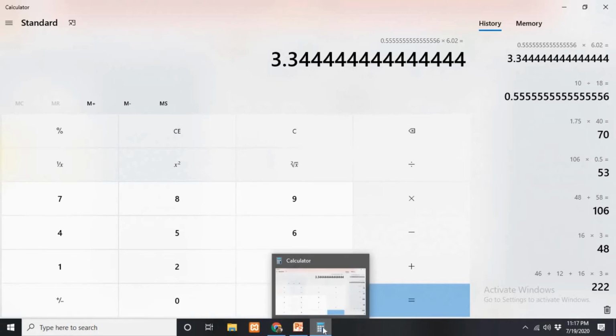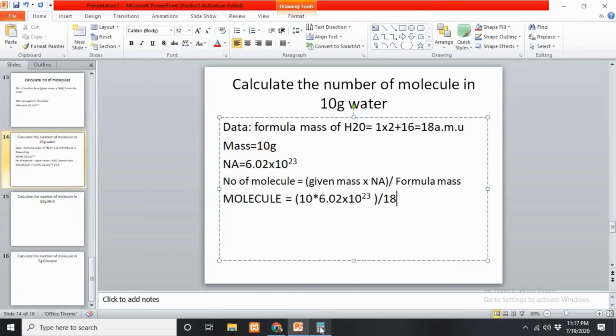You just have to paste it after this value. So the value is 3.34. What I am going to write here is 3.34, and the remaining exponent 23 will be copied and pasted over here, and the unit will be molecules. So it becomes 3.34 × 10^23 molecules in 10 gram of water.